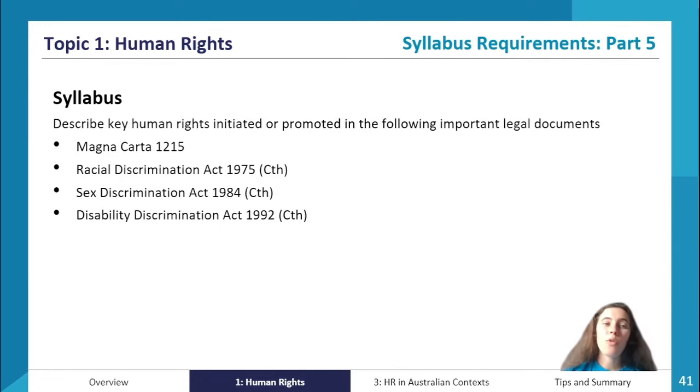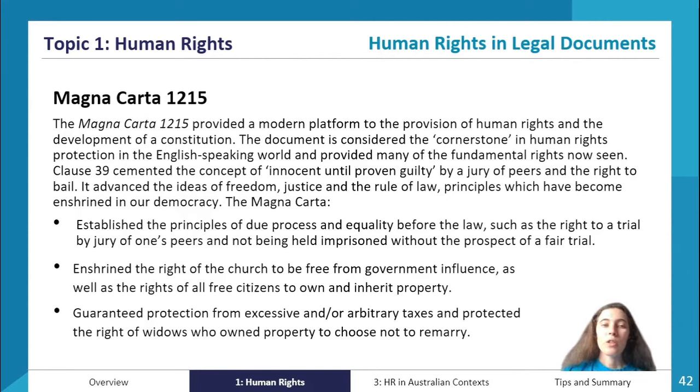Part 5 of the Topic 1 syllabus, we've got key human rights initiated in these different important legal documents. We've got different acts and then also the Magna Carta. So the Magna Carta came about back in 1215, so it is a very old document, and it provided a modern platform to the provision of human rights and the development of a constitution.